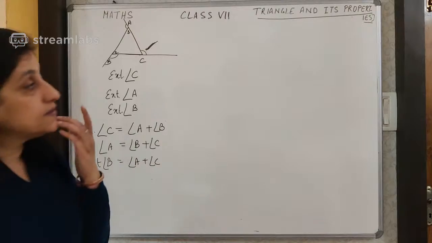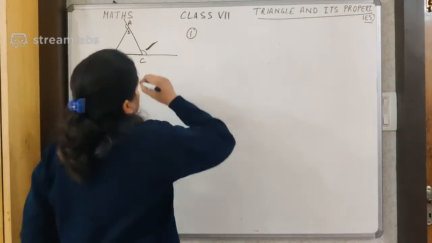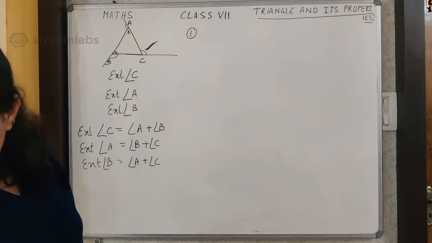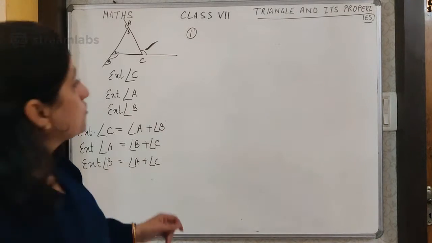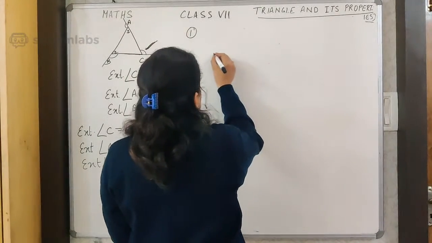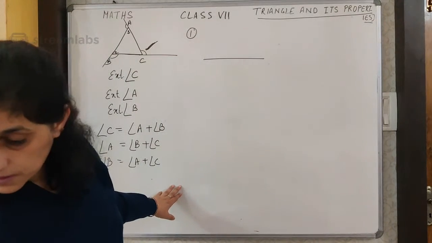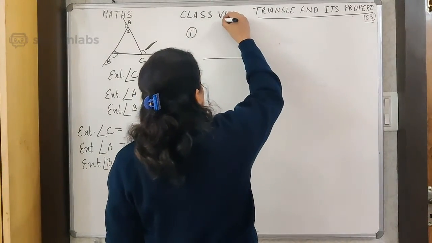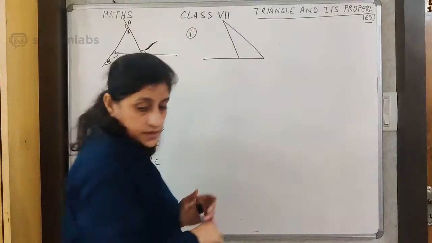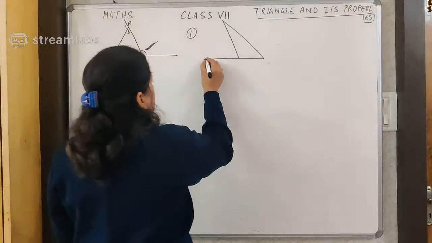Okay. So let me take the first question for this property. Let me draw the figure first. Quickly getting the figure. Alright, this is the figure and this is the line.